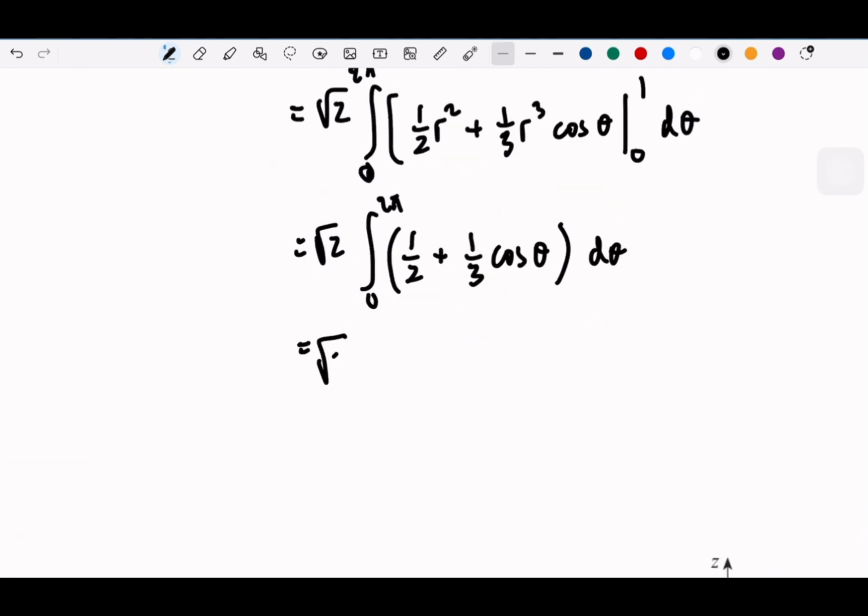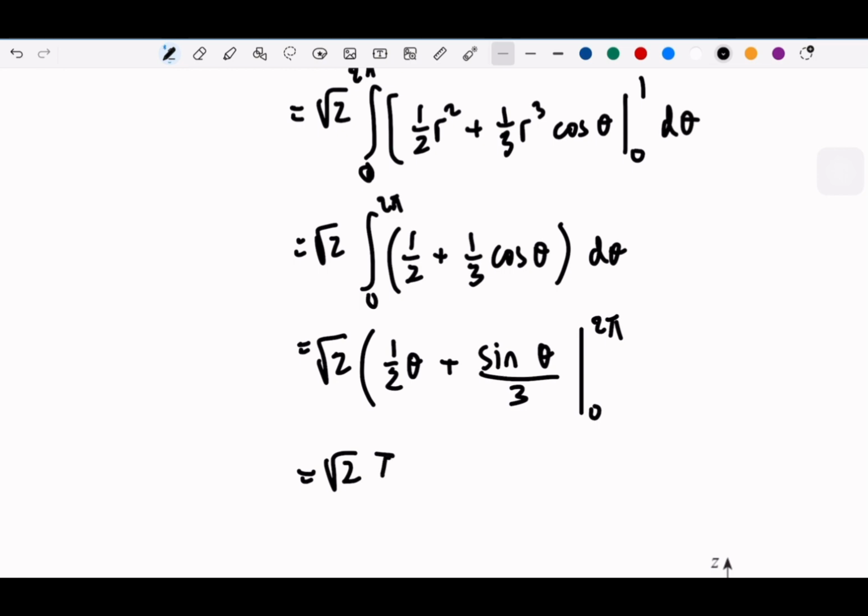And then one more, we have half theta plus sine theta over 3, from 0 to 2 pi, and sine will be 0, so this will be pi, right? So square root of 2 pi.